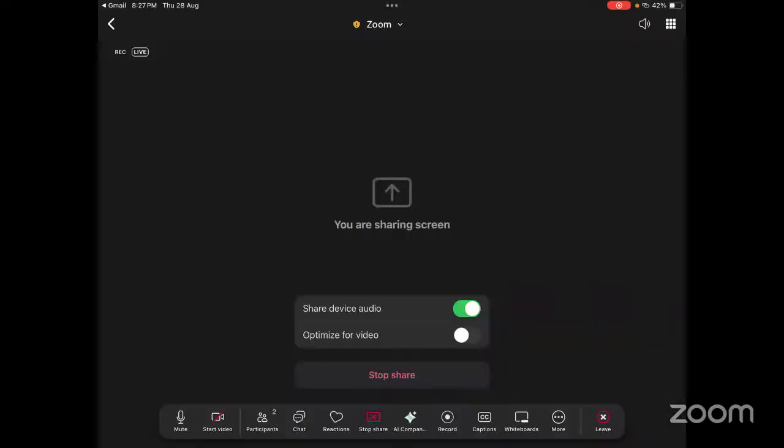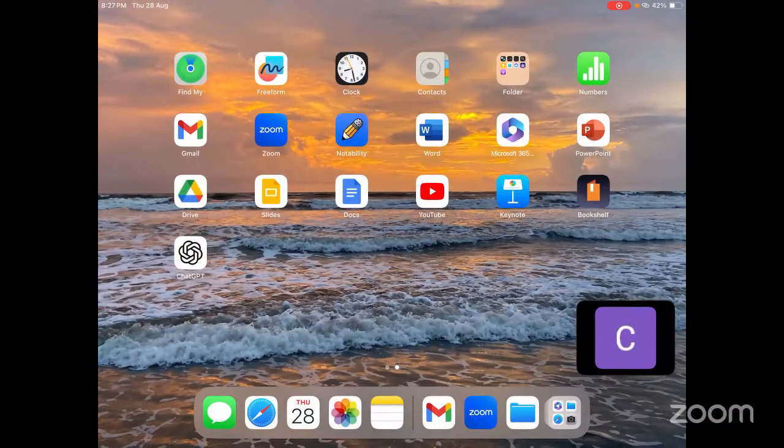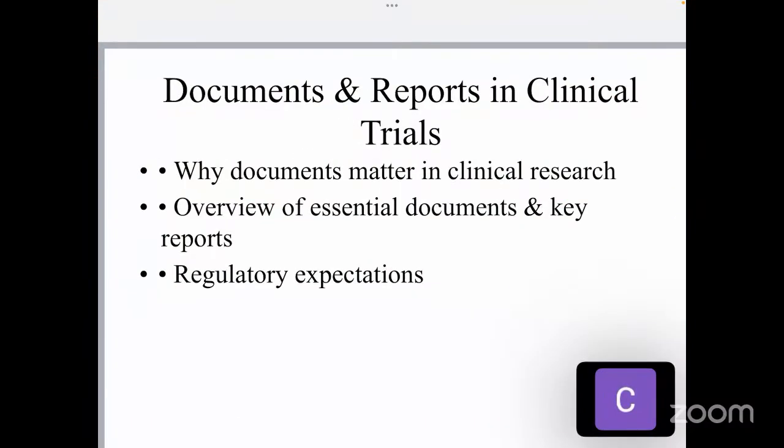Something has happened. I was just trying to open the clinical study report. It didn't open. No worries. Sometimes when documents update, my system starts getting updated and then I face troubles. Anyways, let me share this slide with you first. Then I will explain the clinical study report. So I can use this.